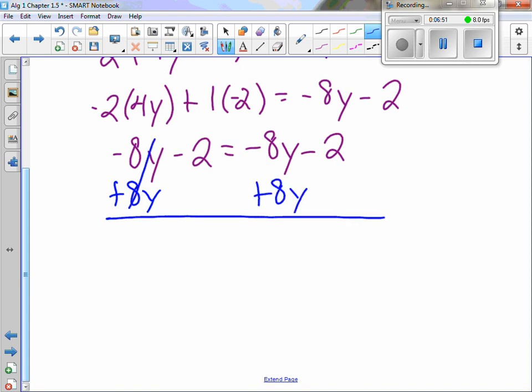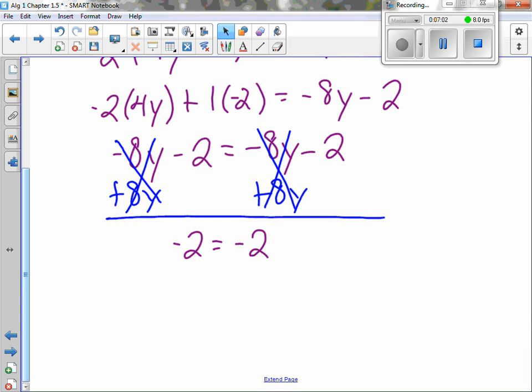-8y plus 8y is 0. 0 on both sides, yes? What am I left with? -2 equals -2. Will there ever be a case where -2 won't equal -2?